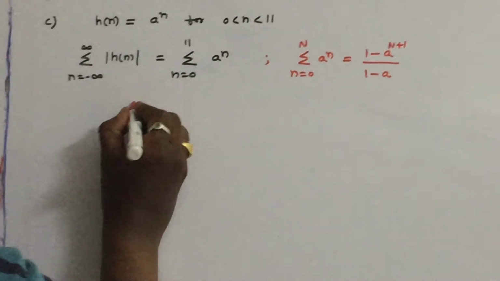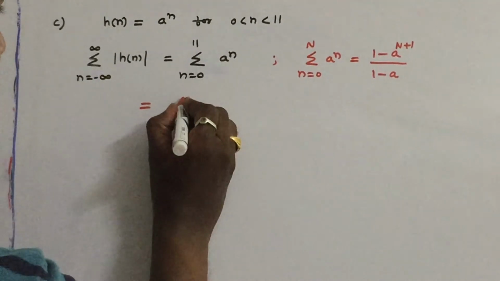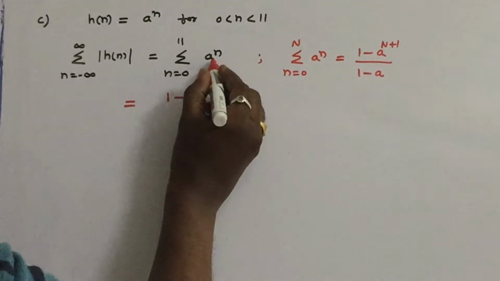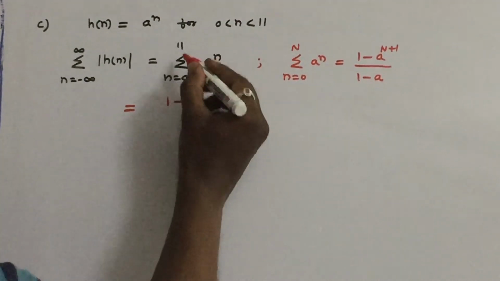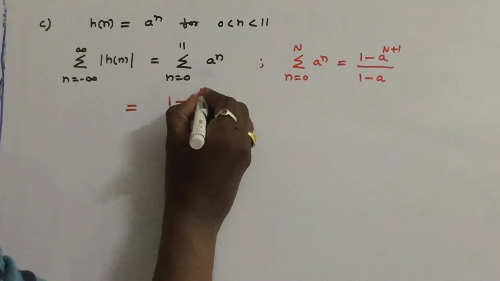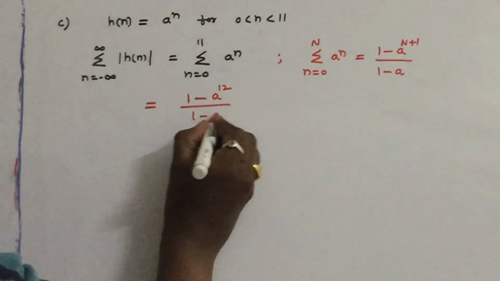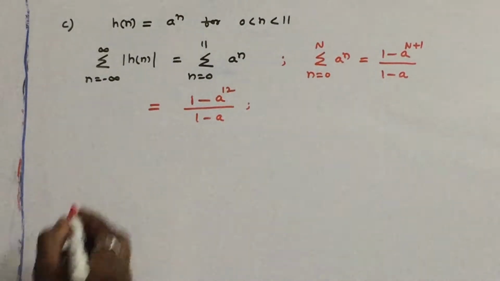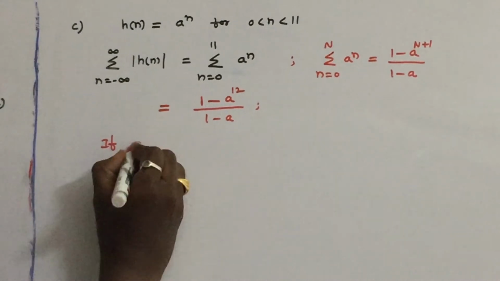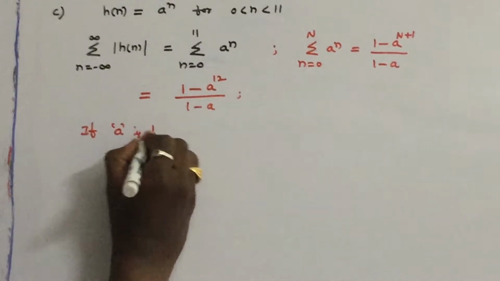So you have to remember this formula and substitute it here. Therefore it will become 1 minus a power 12 by 1 minus a, since 0 to 11 means 12 samples.